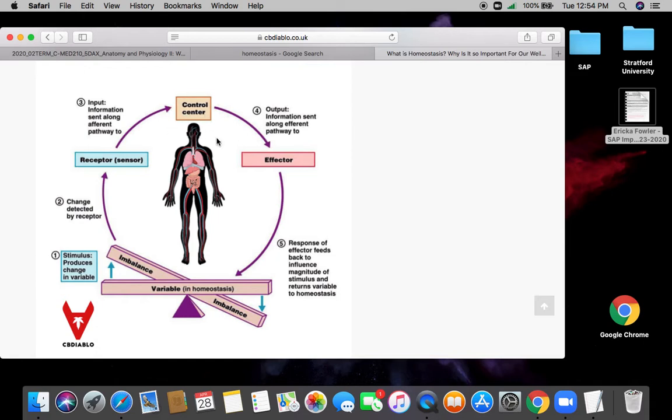The control center then takes that information, and then you have a descending or efferent, E-F-F-E-R-E-N-T, sorry, can't spell, and that'll affect an effector, most likely a motor pathway. So you have the motor pathway here, which is the response, and you have the sensory pathway, and that's what we're talking about this week, the sensory pathway, okay?